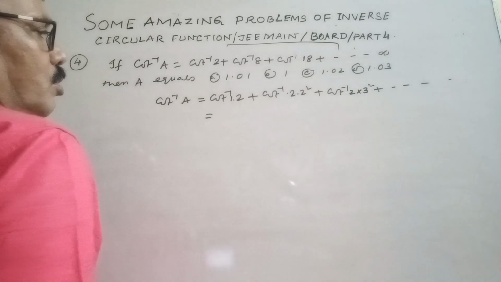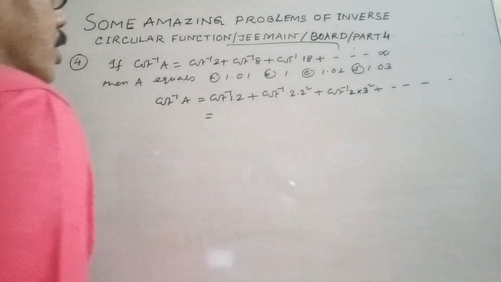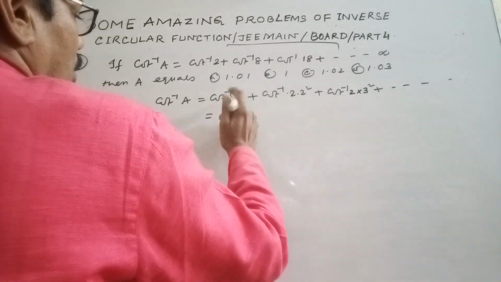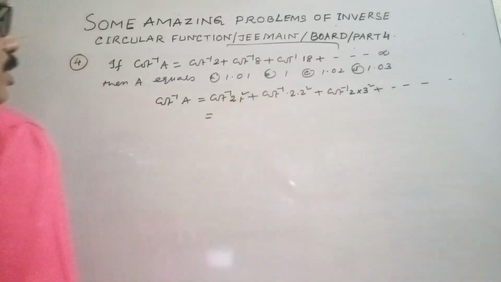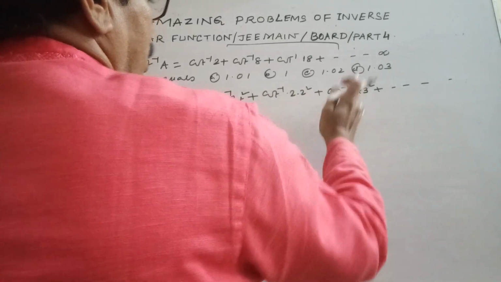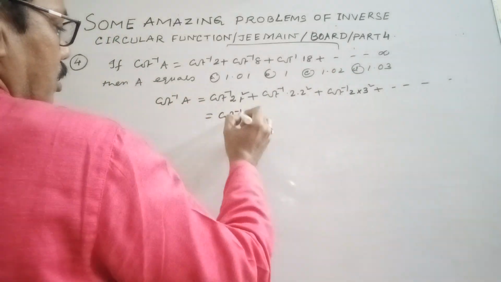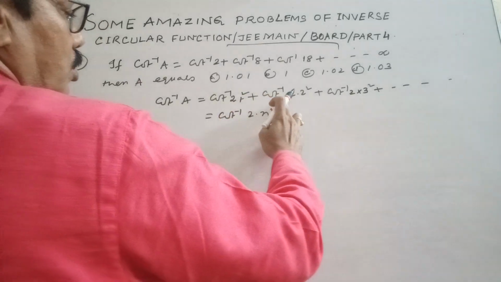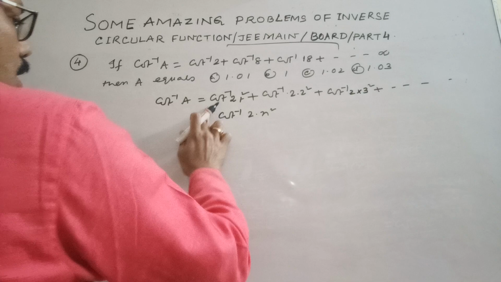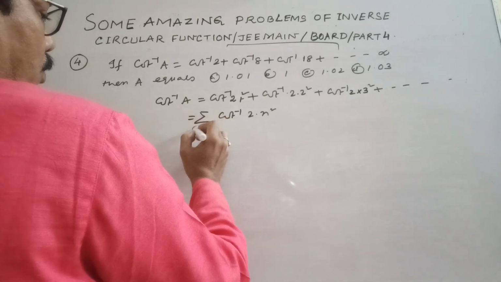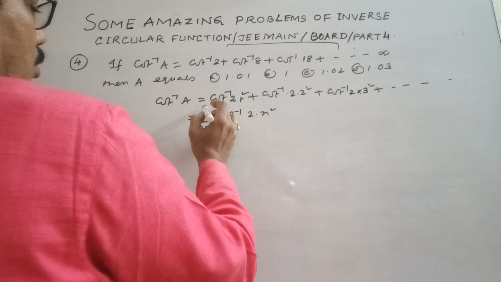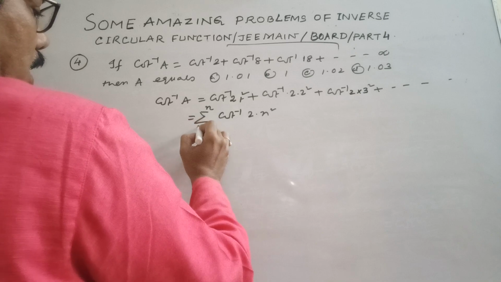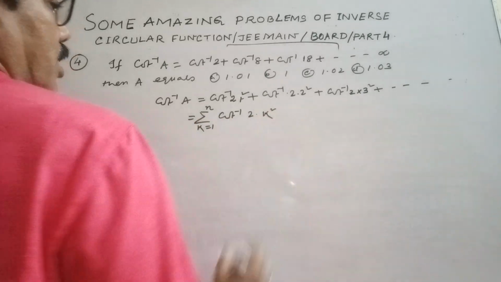And this is 2 into 1 square, so 2, this is 8. Okay. So cot inverse 2 into n square, n equals 1, n equals 2, n equals 3. So suppose this is n equals 1, 2, n. So this is k equals, so 2k square.